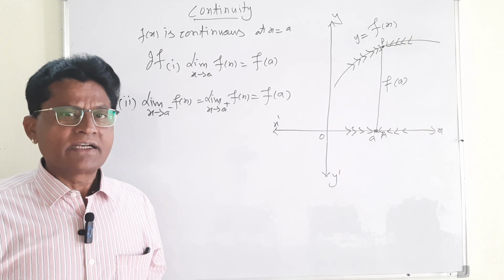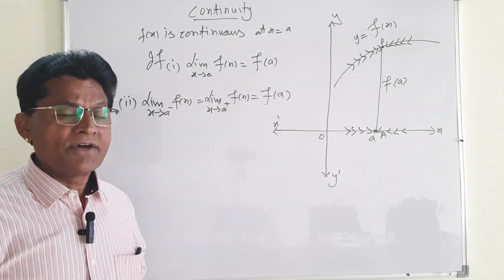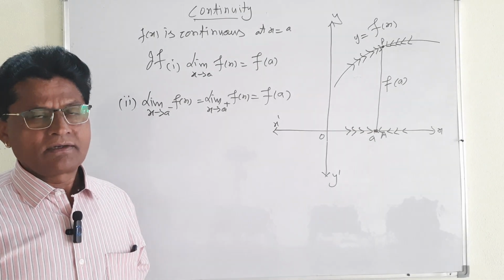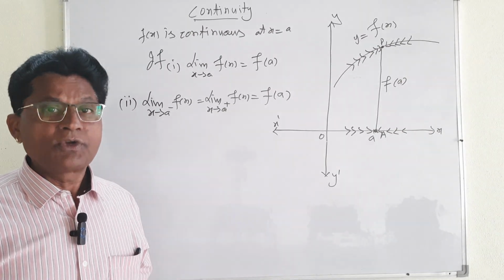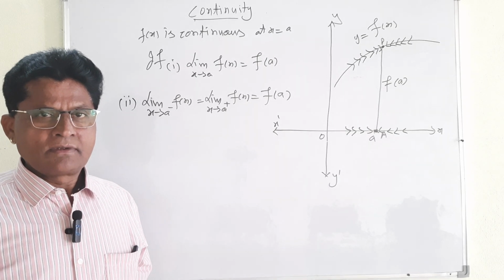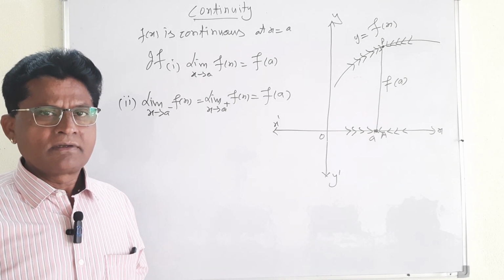Absolute value of x is continuous at 0, not only at 0, but at each and every real value in the domain. It is continuous but not differentiable. This is a one mark question, frequently asked in the examination.